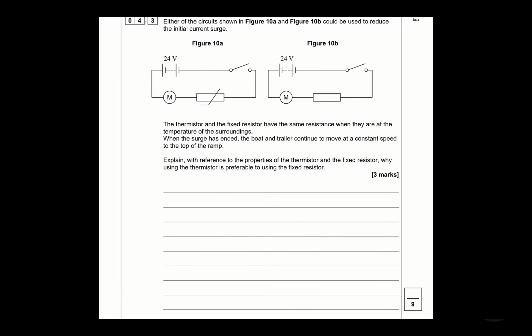So the fixed resistor, this one here, is going to have a constant R, so you're going to have basically a constant amount of energy that's being dissipated, meaning your efficiency is basically fixed.